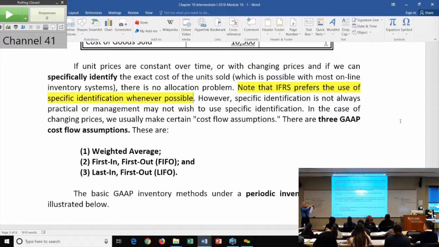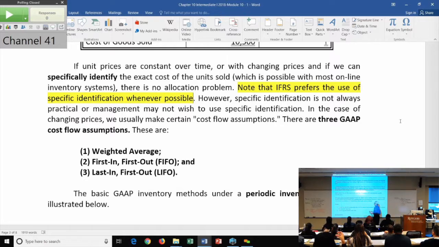So it kind of makes sense to use LIFO, but we are going to show you disclosures. It's extremely important that you understand that there will be disclosures that will enable you to convert LIFO to FIFO. So we're going to get the best of both worlds. And remember, the idea of doing the balance sheet and income statement objectives and the trade-off with receivables is a first step, because we're going to do it here again.